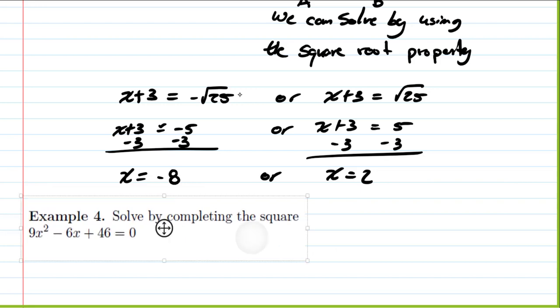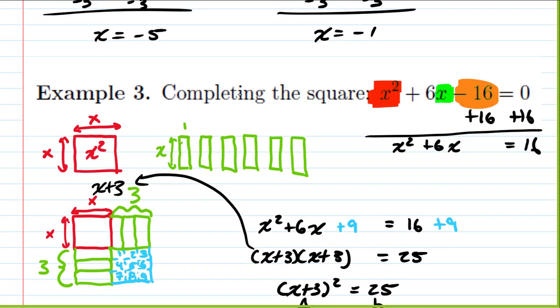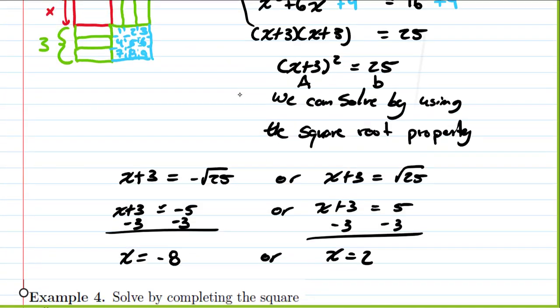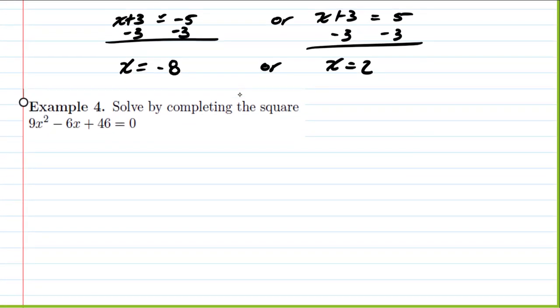In the previous example, it was pretty simple because our a coefficient, or the number in front of the squared term, was 1. So we actually only had one red square. In the example that we're looking at, it's going to be a little more complicated because we have a 9, but that's not really going to be a problem.